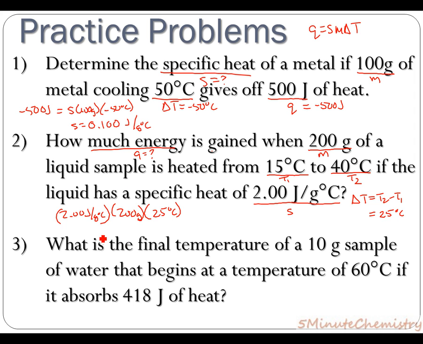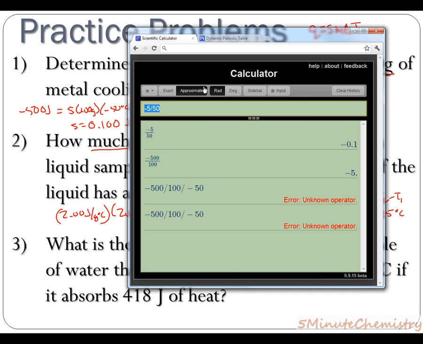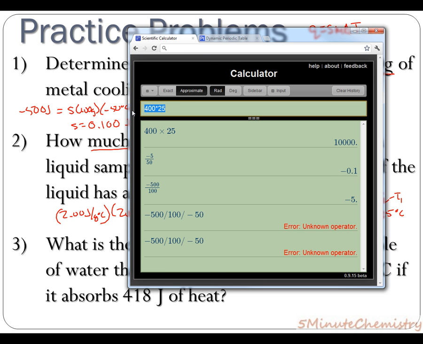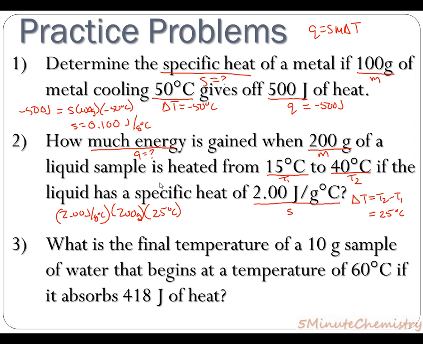What we're going to get here is 2 times 200 is 400, times 25 degrees C. Let's do that real quick. 400 times 25 gives me 10,000. So the amount of energy gained is equal to 10,000 joules of energy, which in more common terms we typically would convert to 10 kilojoules of energy.